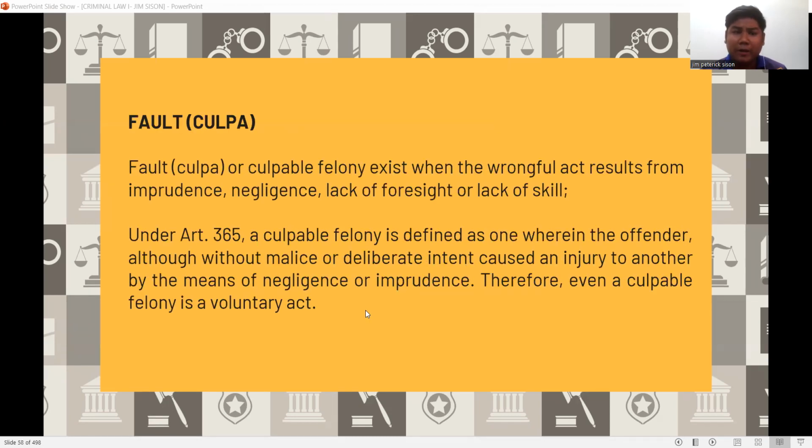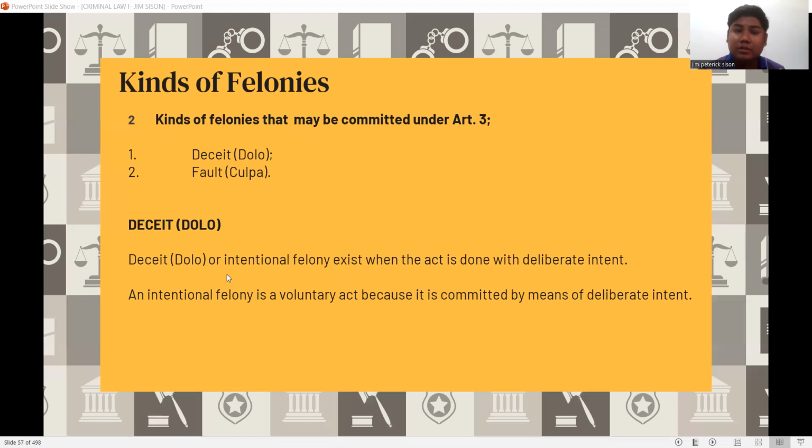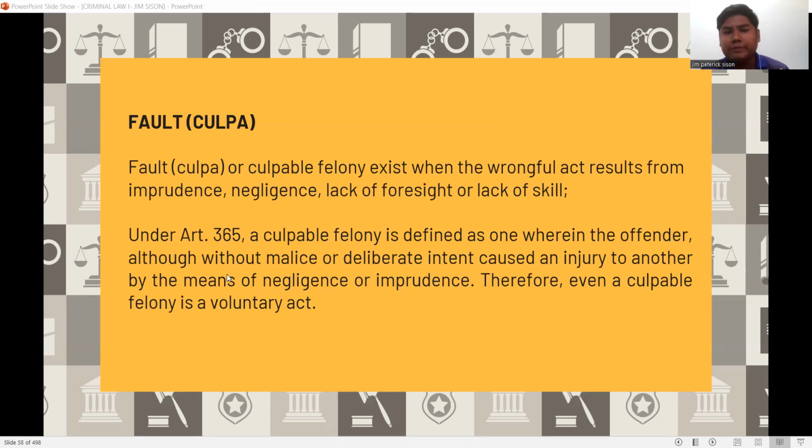So fault or culpa. Fault or culpa is otherwise known as culpable felony. Deceit or dolo is otherwise known as intentional felony. Fault or culpa exists when the wrongful act results from imprudence, negligence, lack of foresight, or lack of skill.